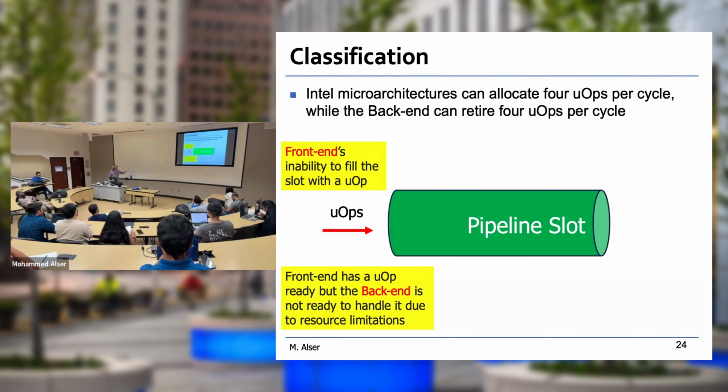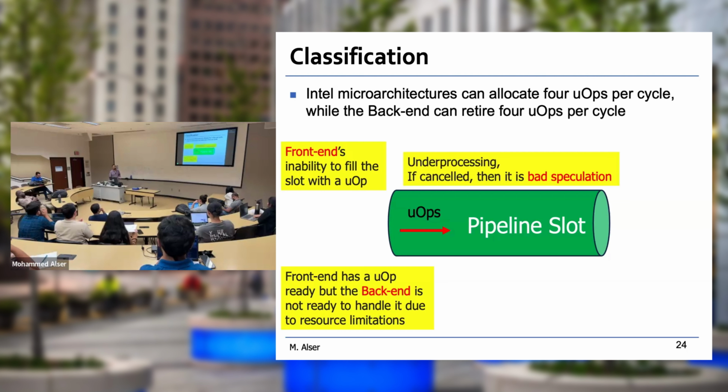Now, once the operation enters the pipeline slot, there is only one case where the instruction cannot exit the pipeline slot, which is the bad speculation. So bad speculation will keep the operation inside the pipeline slot waiting or being terminated, just cancelled and evicted. If it exits, it means retiring.